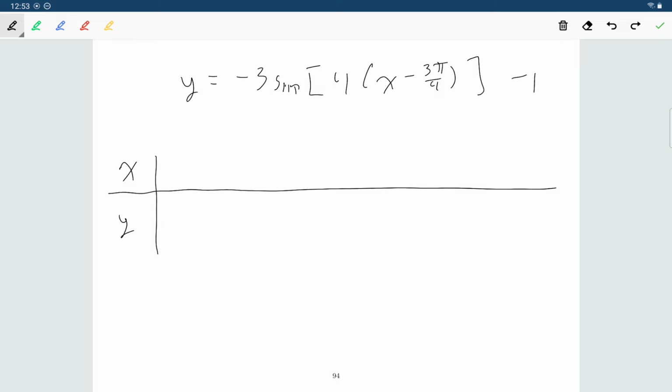And so away we go. We have 0 plus 3 pi over 4. That's 3 pi over 4. Pi over 8 plus 3 pi over 4 is 7 pi over 8. The next one up was pi over 4. Pi over 4 plus 3 pi over 4, that would be pi.